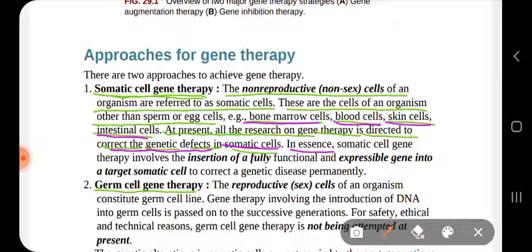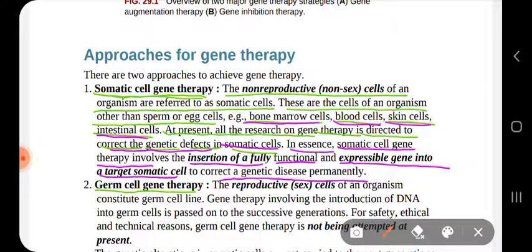In essence, somatic cell gene therapy involves insertion of a fully functional and expressible gene into the target somatic cell to correct a genetic disease permanently.